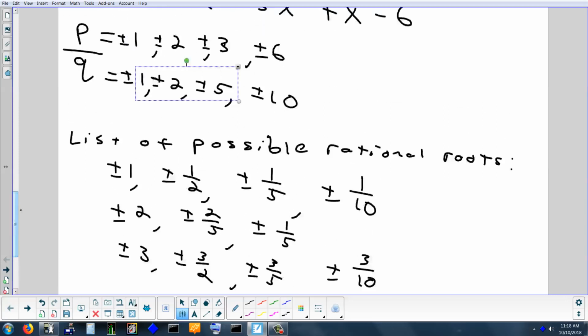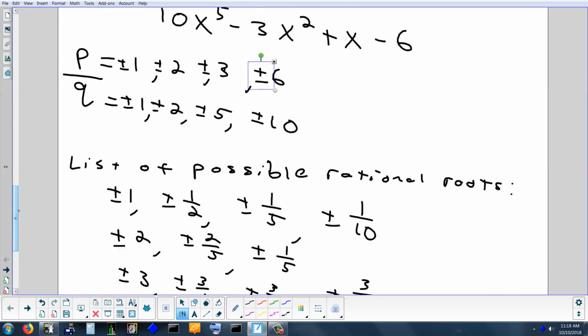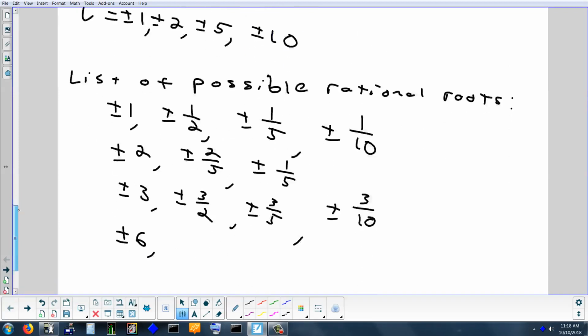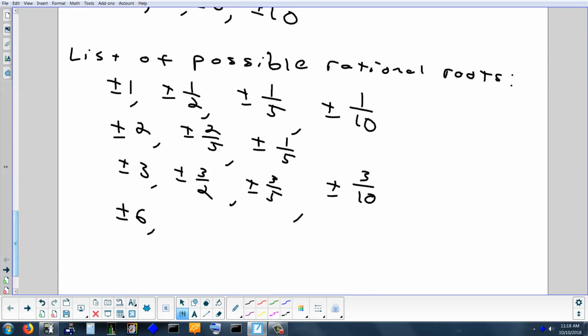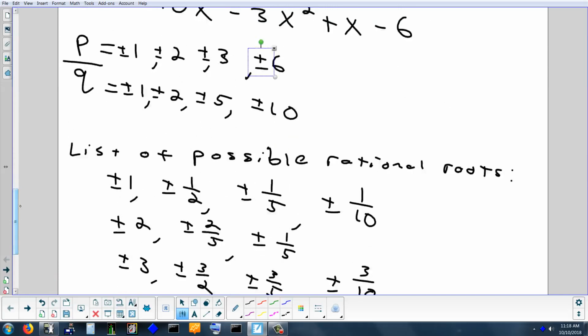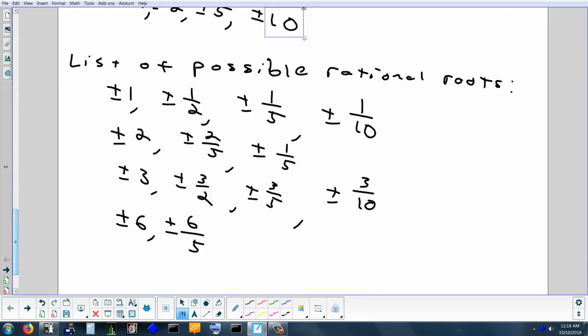And then the last one, we'll do it with 6. So 6 over 1, we don't have that one. How about 6 over 2? That's 3, we already have that one. 6 over 5, I don't think we have that one. Plus or minus. And how about 6 over 10? We already have that one.